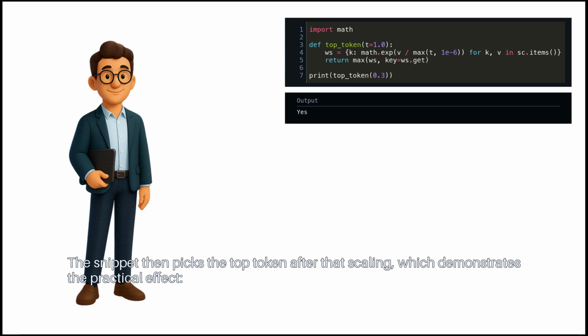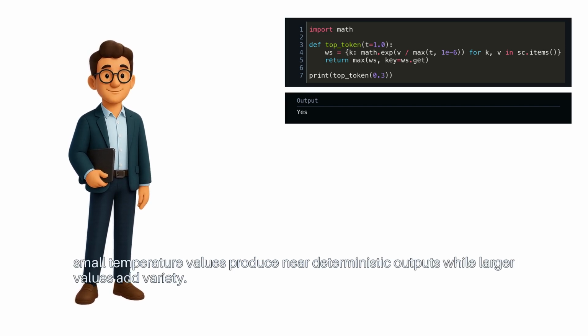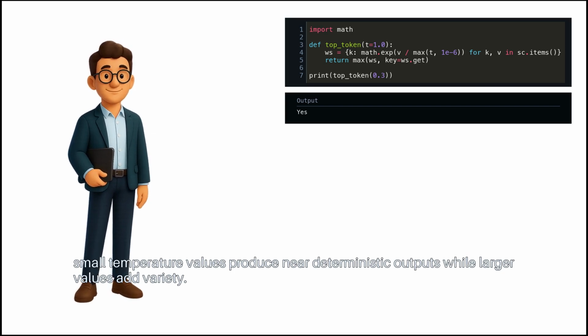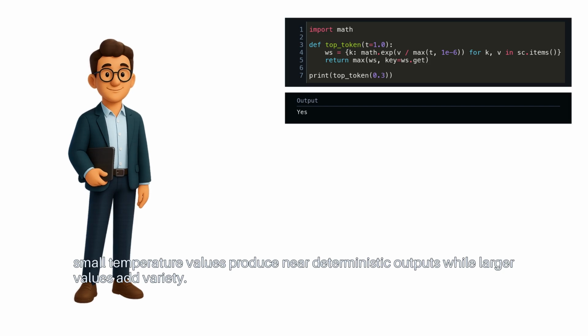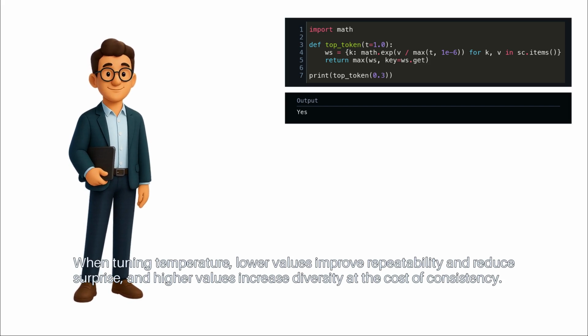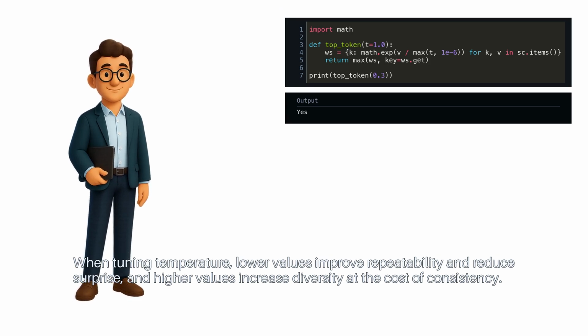The snippet then picks the top token after that scaling, which demonstrates the practical effect. Small temperature values produce near deterministic outputs, while larger values add variety. When tuning temperature, lower values improve repeatability and reduce surprise, and higher values increase diversity at the cost of consistency.